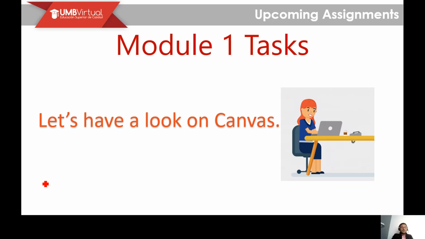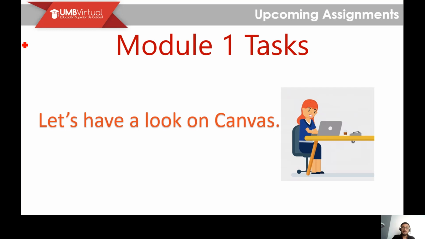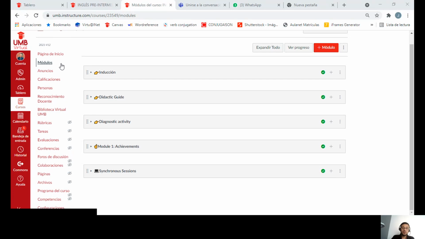All right, let's move to the topics on Canvas to check the way we need to work with the exercises there in Canvas. And over here, let me share my desktop. Remember that we always use modules to navigate our course.